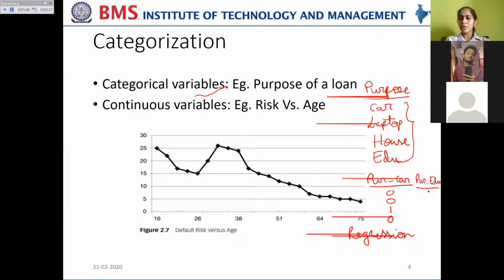One data point took it for some other purpose, another data point took the loan for education purpose, then it will be 0 and 1, like this. If you take the values under purpose of the loan as some 50 values, you have to create a total of 49 dummy variables, under which the respective value for that data point will be treated as 1. Rest all will be 0.